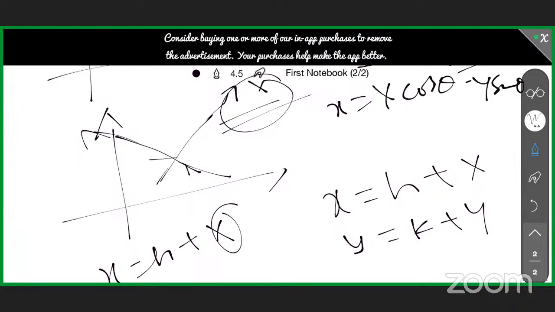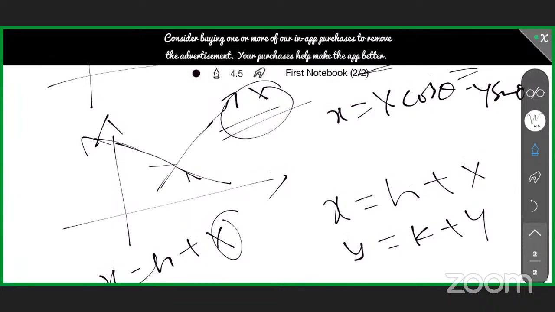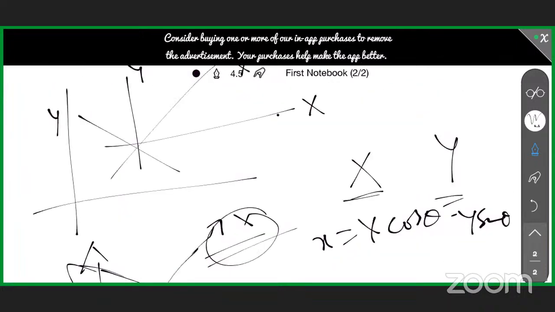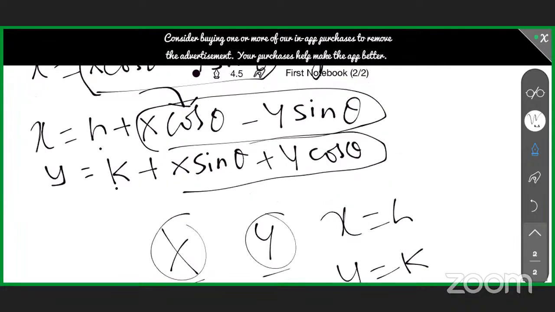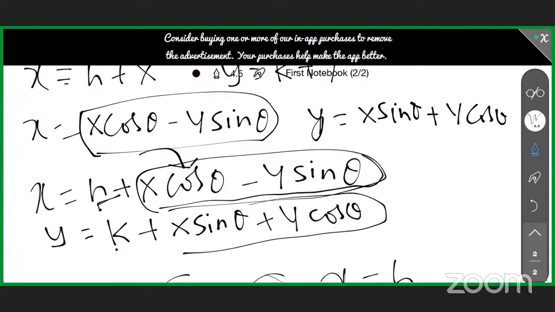That's where I come here. This is of the old transformation, but for the new transformation, this will go with the rotation, because after shifting the origin, I'm not stopping there. I am also tilting or rotating my axis with an angle theta.